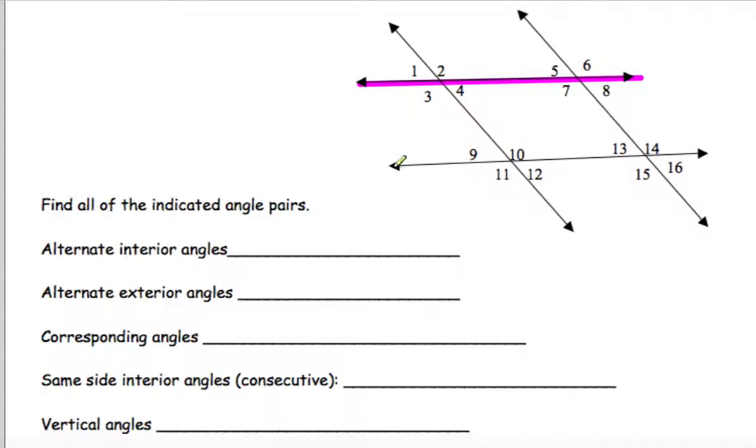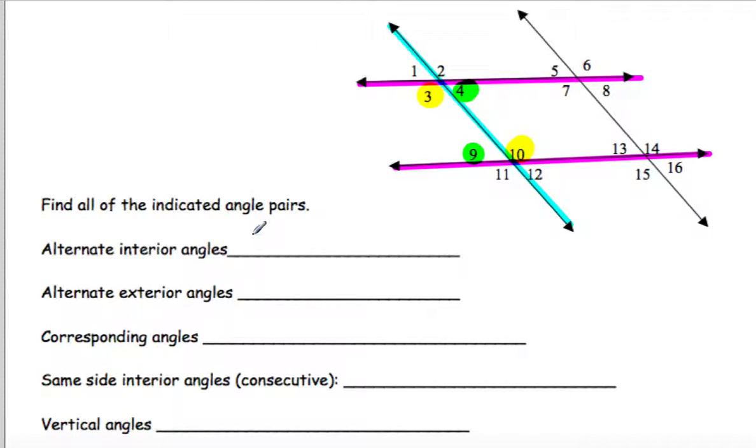So if I'm talking about these lines that I'm outlining in pink, then the transversal has 2 different pairs. Let's say I'm just talking about the pink and the teal. Its alternate interior pairs would be 3 and 10 as one pair, and 4 and 9 as another pair.